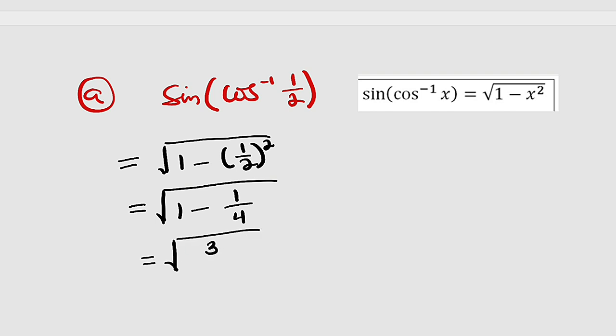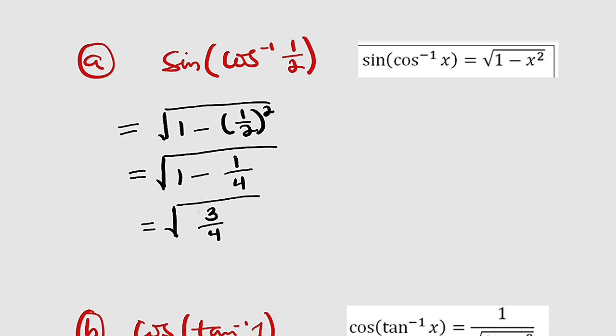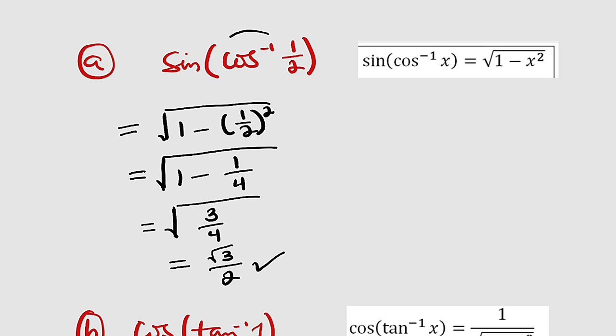Take the square root of the numerator over the square root of the denominator: square root of 3 divided by square root of 4, which is 2. We obtain root 3 divided by 2, because this is 60 degrees and sine of 60 degrees is root 3 divided by 2. Therefore, the formula is applicable.